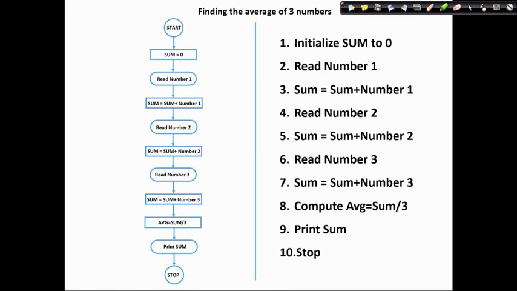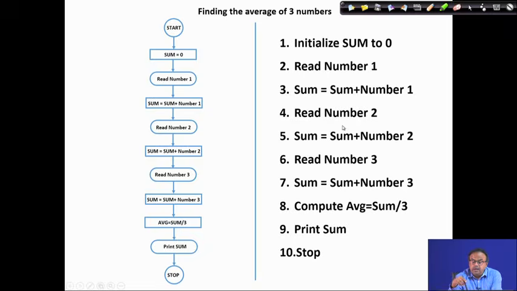Initialize the sum to 0 and then read the first number. Sum equals sum plus number 1, exactly what I did here. Read the second number, then sum equals sum plus number 2, then I read the third number and then sum is sum plus number 3. So, these are the steps.